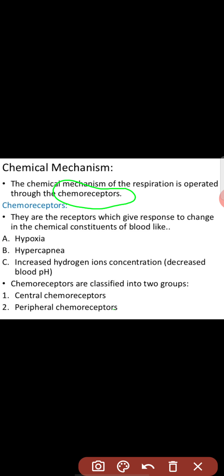These chemoreceptors give information to the respiratory centers, and these centers act on that for inspiration and expiration.